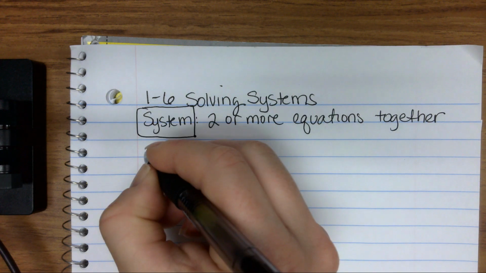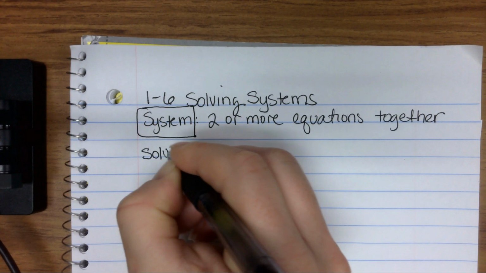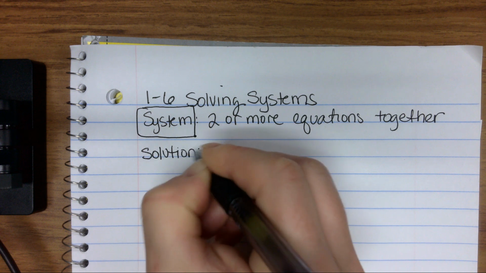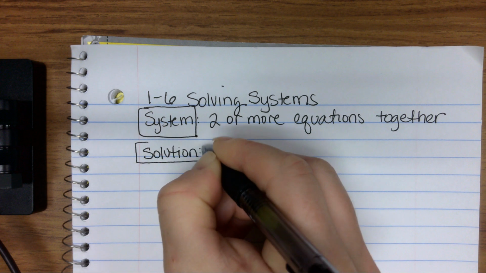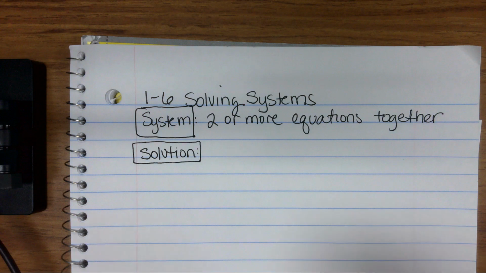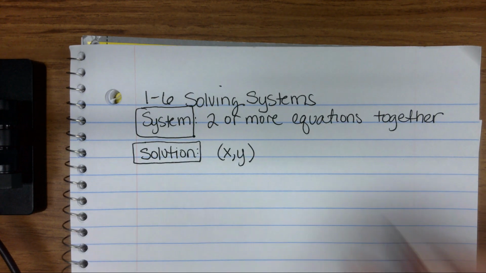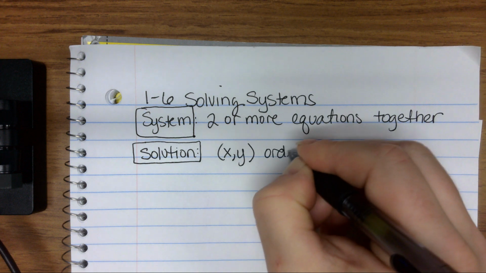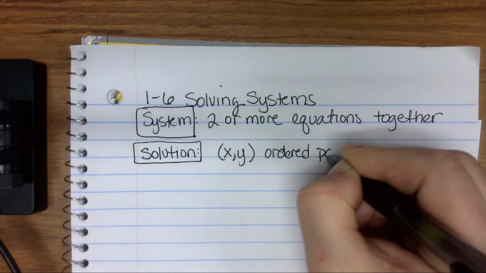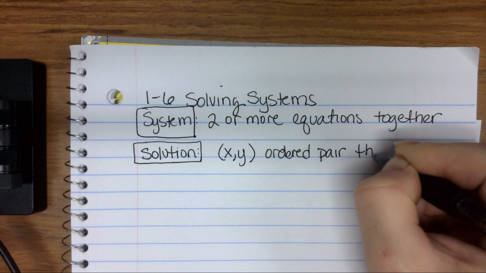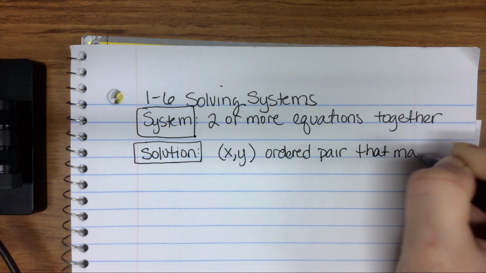When we're looking at the solution today, because we only have two equations, the solution is going to be x, y, the ordered pair that makes both equations true.